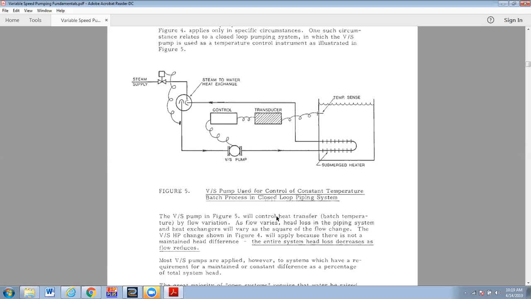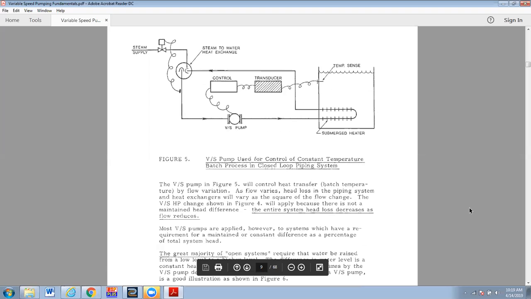He describes this further down here in the paragraph below the caption. I think we've pretty well said that. The entire system head loss decreases as flow reduces, and that's because it's all frictional head loss.